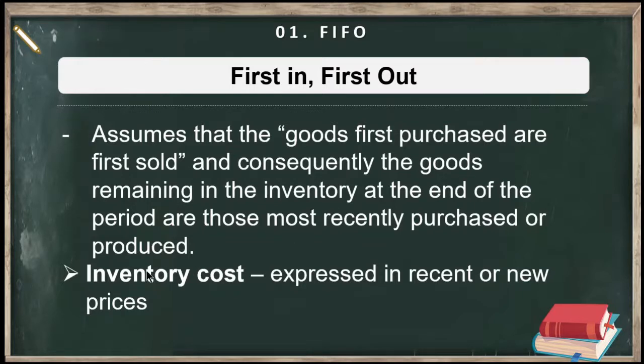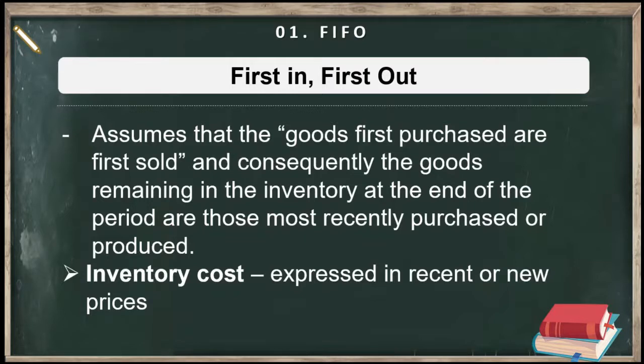So when we're going to value the inventory ending at cost, it would be using the recent prices. Kaya diba katong last na gipamalit, mao man to siya magpabilin nga ang unang gipamalit mao ang unang ibaligya. So ang mahabilin gikan gid siya sa mga recent nga purchases or sa recent prices sa recent nga purchases.